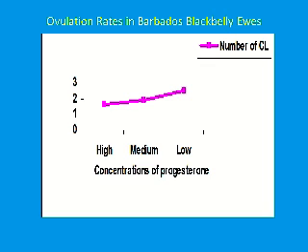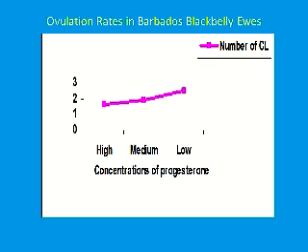Another study we did, this one with hair sheep, with Barbados Blackbelly ewes. This time, one of the things we found in these studies is that progesterone for the out-of-season breeding does not have to be high in order to get a good response. That 5-day treatment was no better than the 12, but easier to do.